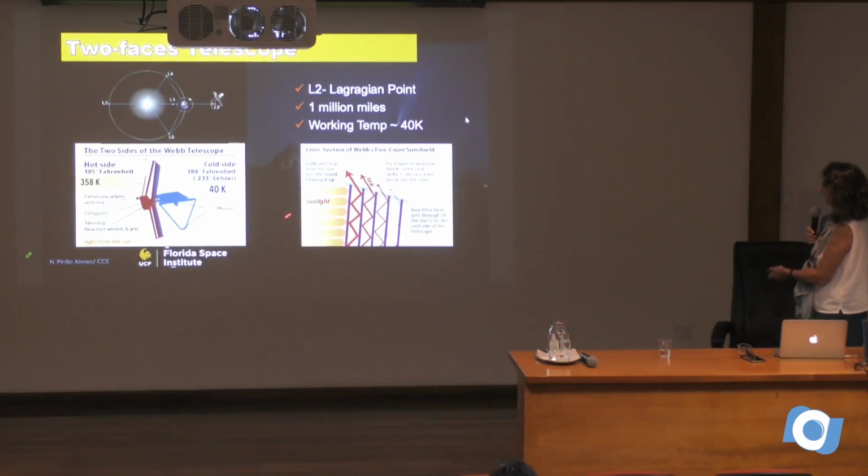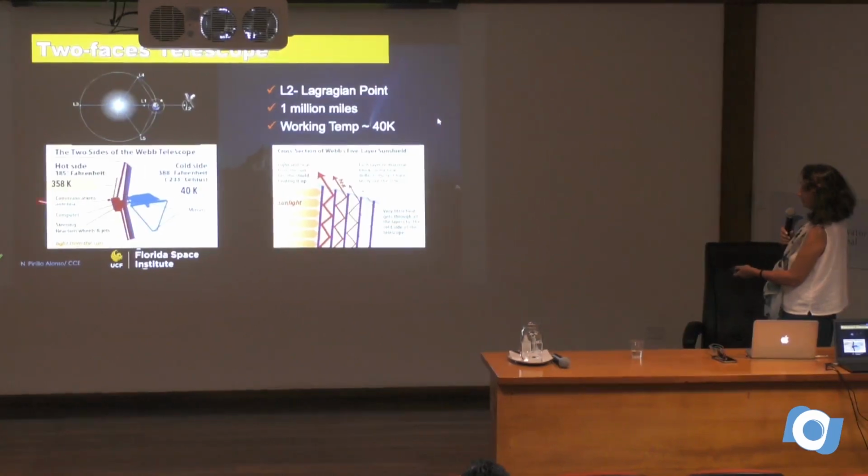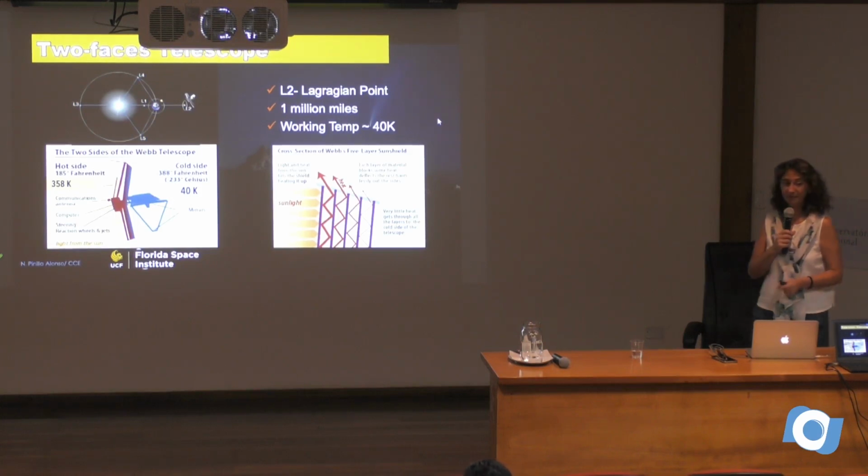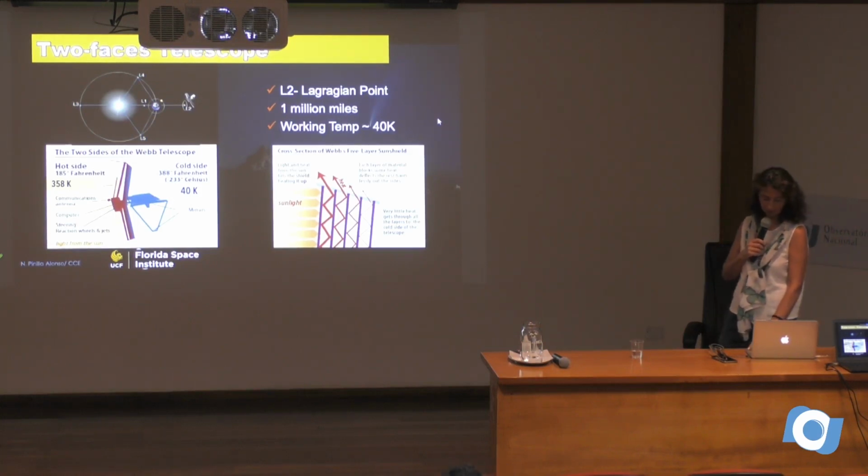So if the sunlight impacts here, where the temperature is 358 kelvins, the heat is diffused, and you get very small heat in here, keeping this part of the telescope where all the instruments are and where the mirrors are at 40 Kelvin. So this difference is huge, but is what is needed to be able to observe in the infrared.